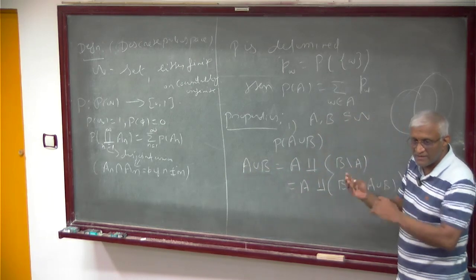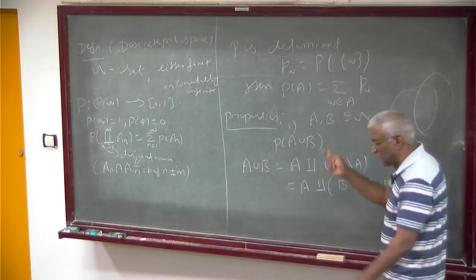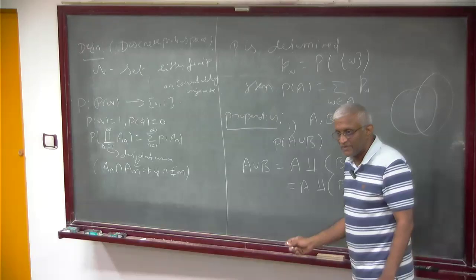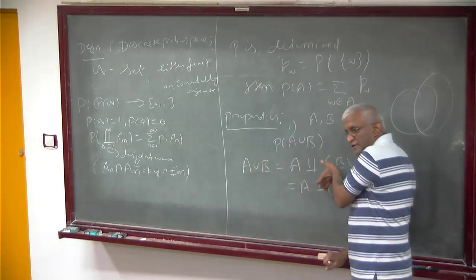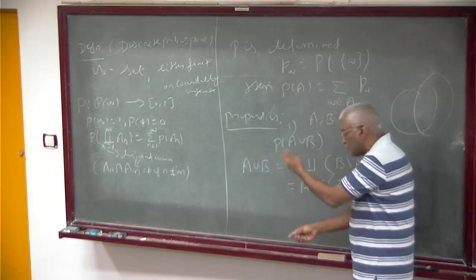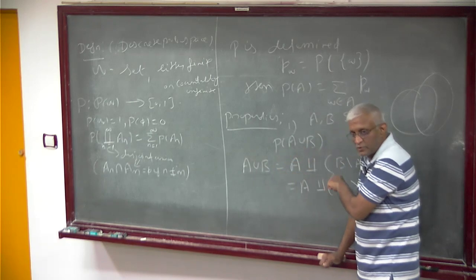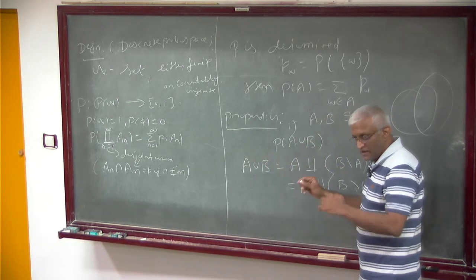You will have more occasions to prove that two sets are equal. To prove two sets are equal, you should go logically: say something is here, use the definition of how this set is defined, go through the argument and prove that it's also here. Similarly the other way. That is how we prove one set is equal to another.